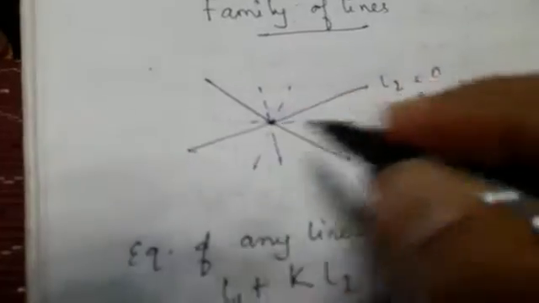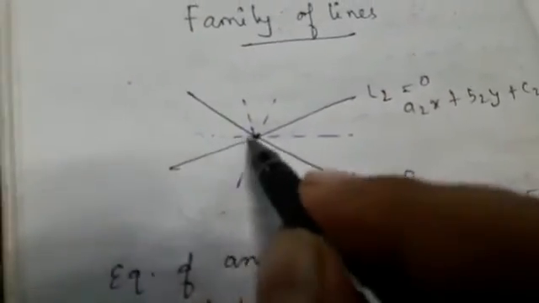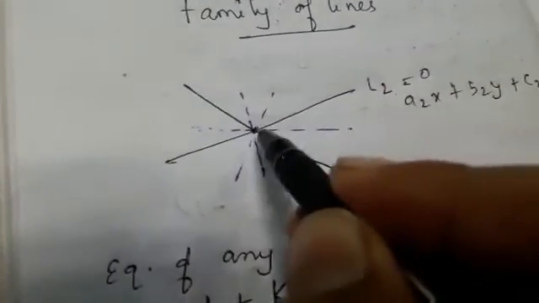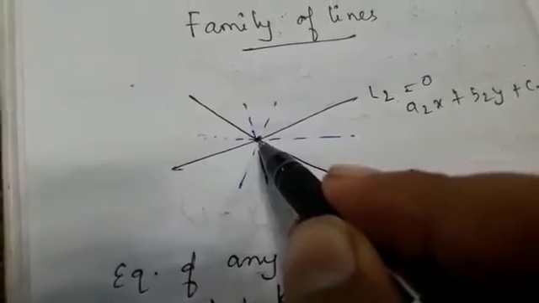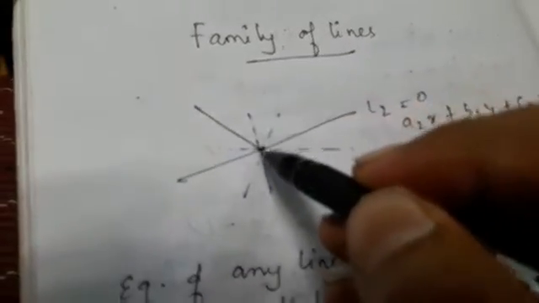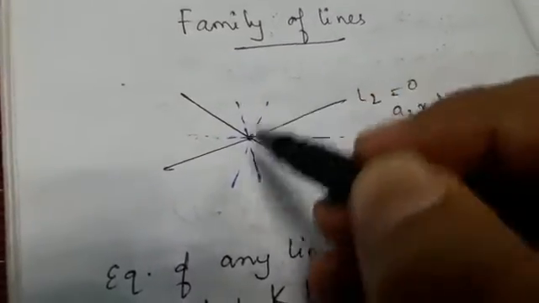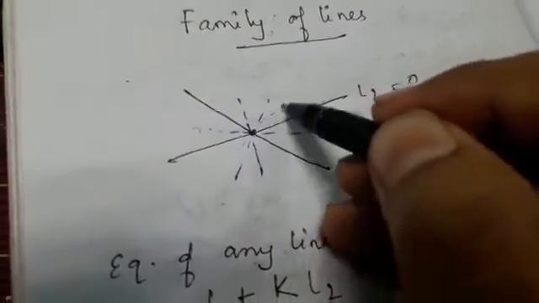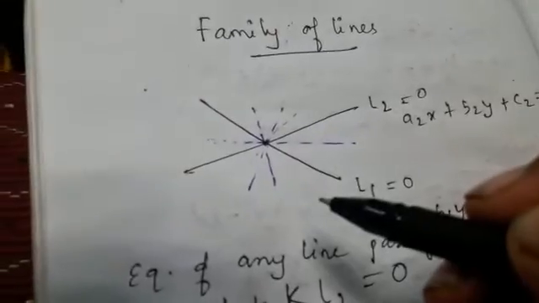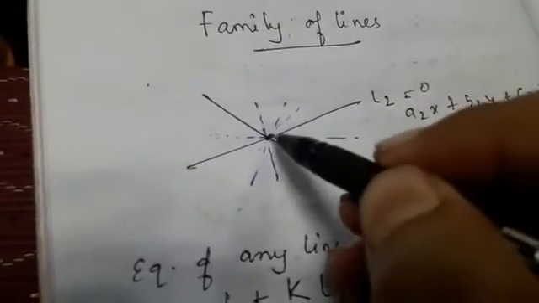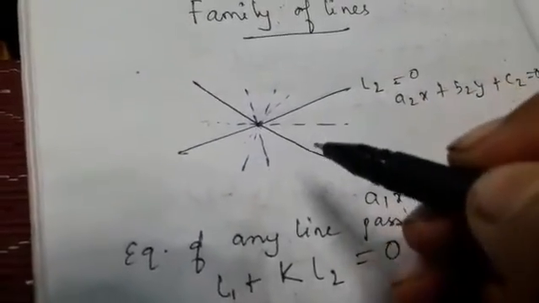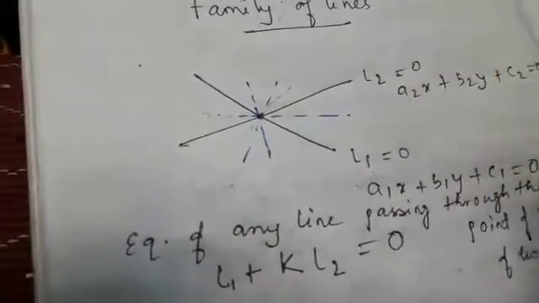And the blue dotted lines which you can see, this one can be one line which is passing through the point of intersection of these two given lines. This line can be another line, and another line, and so there can be infinite lines which can pass through the point of intersection of these two given lines, and those lines are called family of lines.